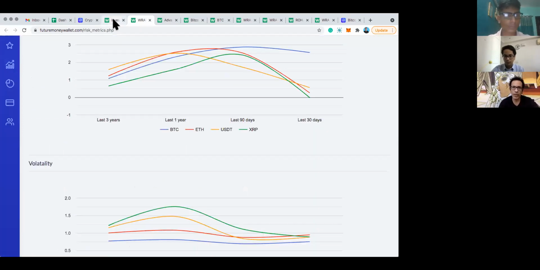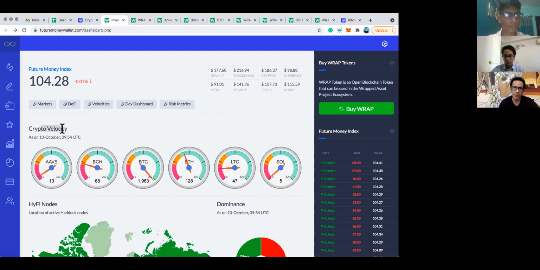Another thing that we look at, which is quite critical, is the concept of velocity. I'll explain to you briefly what that means. When the demonetization took place in India a few years ago, for a few months the entire Indian economy contracted. Why did that happen? Because for any economy, it is very important that money changes hands.